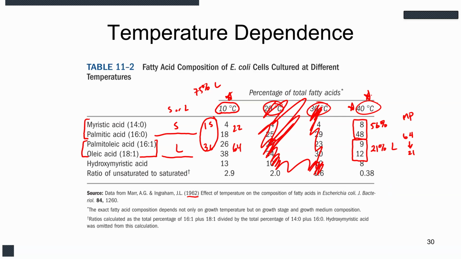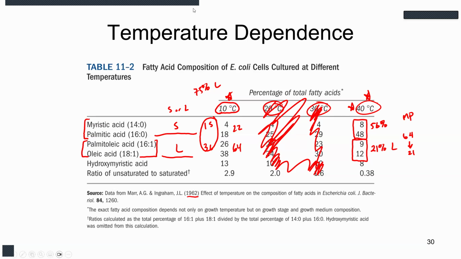And in order to attain that, they've got to have 64% of the fatty acids be monounsaturated, 22% be saturated. Now, when our temperature is higher, we want to have that same level of fluidity. Can that be attained? Yes. How do we attain that? We attain that by using fewer monounsaturated fatty acids and more saturated fatty acids. So that's the biggest thing about this difference.